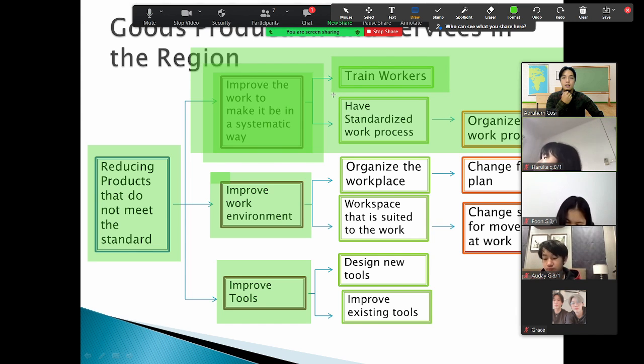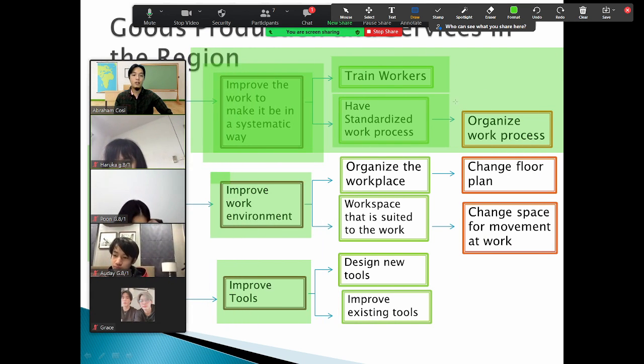Next, we should have a standard process. These are the things we need to follow. We shouldn't be doing things differently. We should only follow one, which should be the best way to do things.